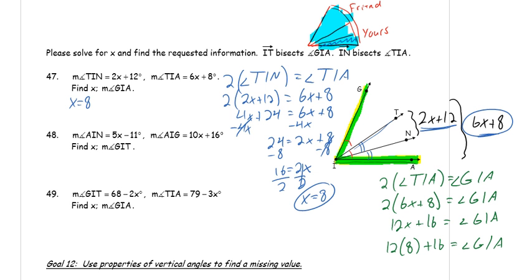Go ahead and solve that, and you get 96 plus 16 equals angle GIA. Go ahead and add those up. The measure of angle GIA is then equal to 112 degrees.